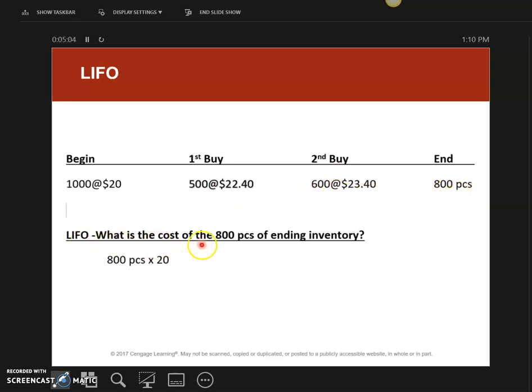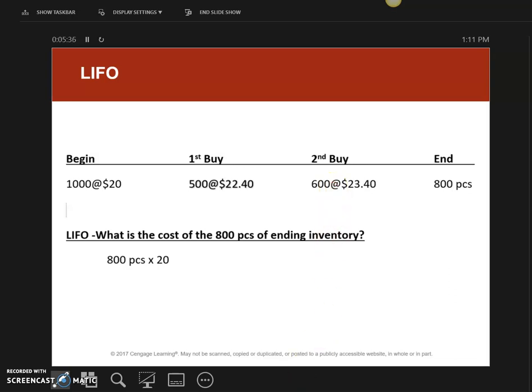Under LIFO, LIFO is last in, first out, so I would have sold all of these first, and then I would have started selling these. So if I have 800 pieces, they're going to come from here. My 800 pieces are going to be $20 each. So with LIFO, I start figuring the cost of my inventory from the beginning, because at the end, I've sold all of this stuff.